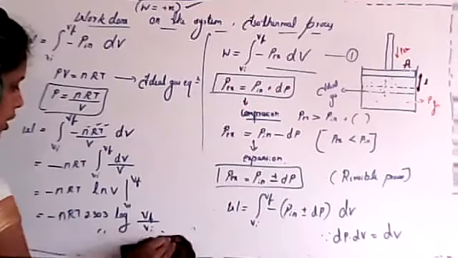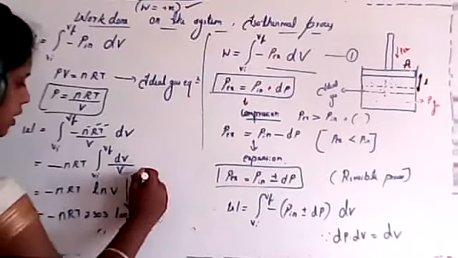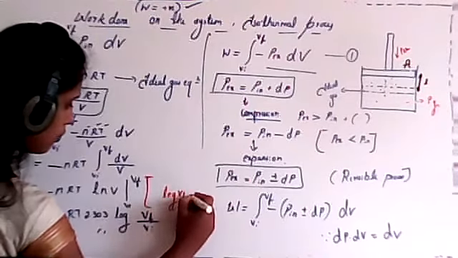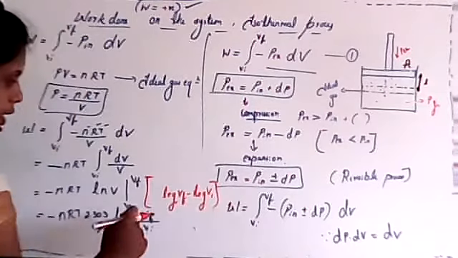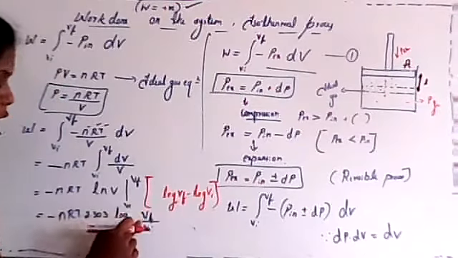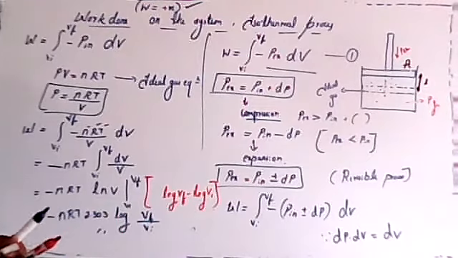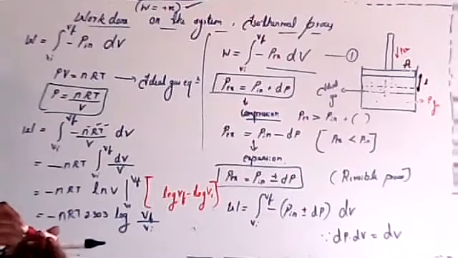So log of Vf minus log of Vi means log A minus log B equals log A divided by B. Clear? So that's why we got this as the final equation.